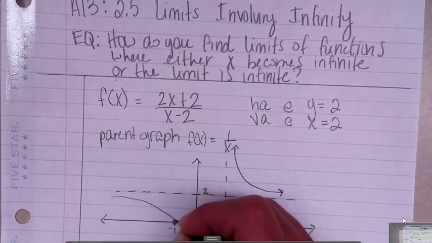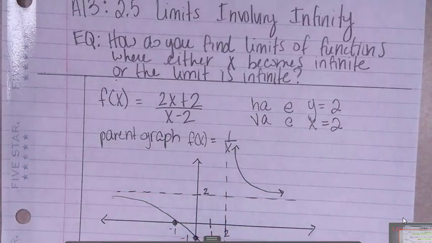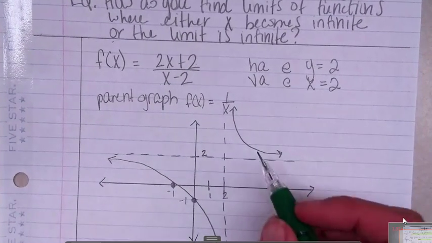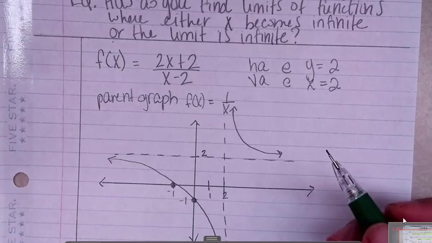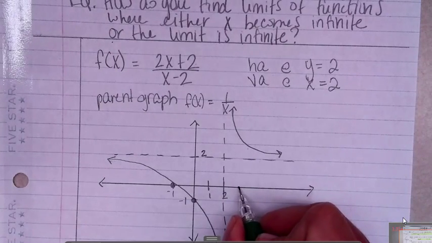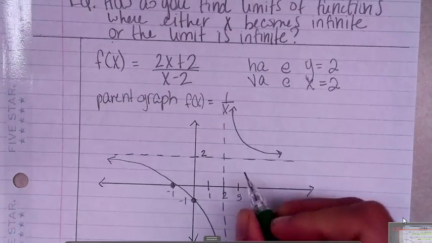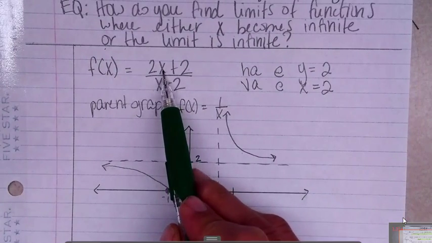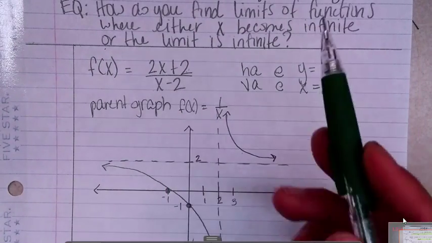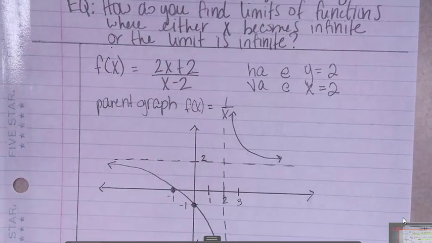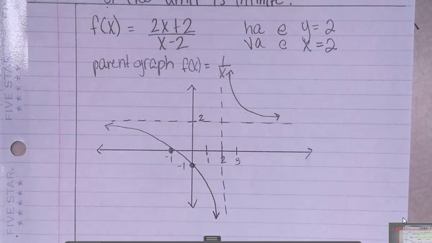So let's see if I can get a good graph here. Something like that. Okay, and you can do a similar thing up here. And maybe I should have done that. I didn't do a really good job. So let's see, if I plugged in 3, what would I get? I'd have 8, so it's way up there. Okay, good enough. I think we got the idea of this. And if you're struggling with that, you can always plug this into your graphing calculator or your grapher and double check. Okay?